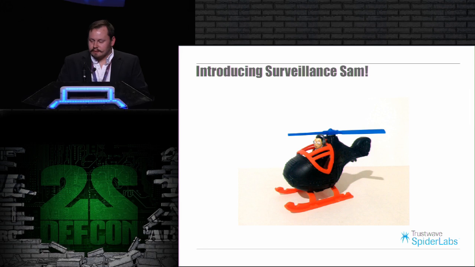I just assumed what their answer would be, so I took the appropriate action and created my own character. I think more people should be doing this. He's copyright free, everybody can have him. I've got stickers up here as well, and there's a vendor in the vendor area, Hacker Stickers, who also has the stickers available. So come see me. He comes with, as you can see, my special limited edition black helicopter and anti-whistleblower karate chop action.